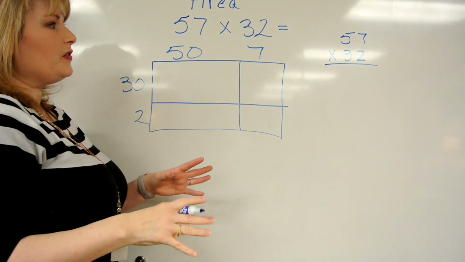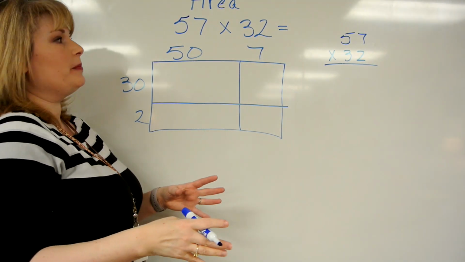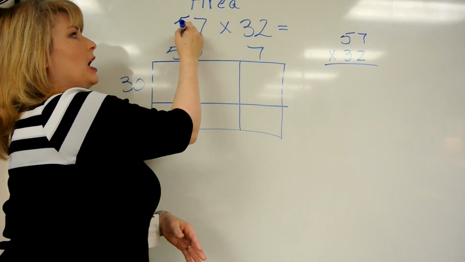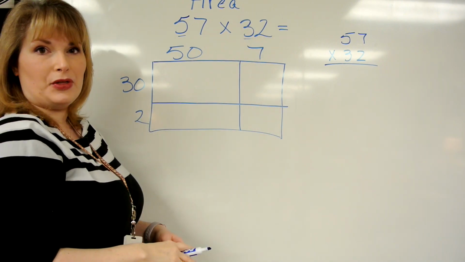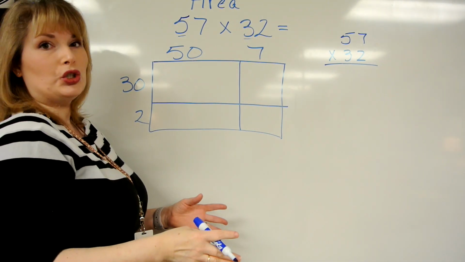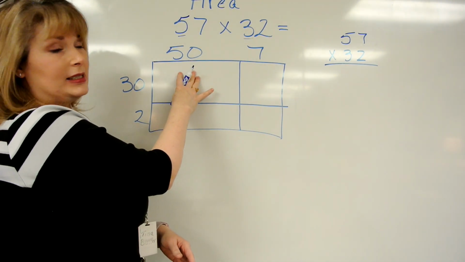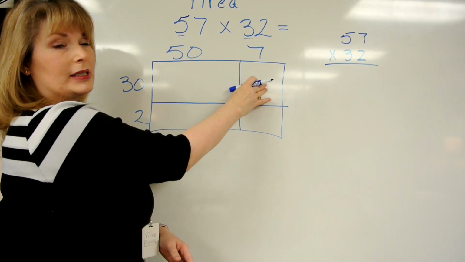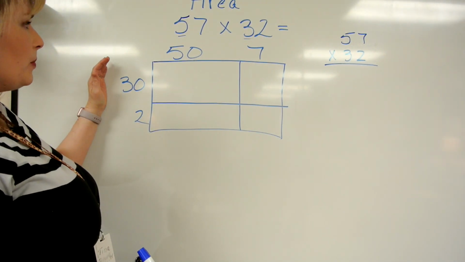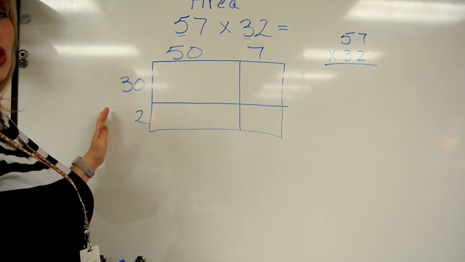All right, and right off the bat, what I've done with area method is I've busted up my 57 and my 32. We teach the children that the number 57 is made of 5 tens and 7 ones. 32 is made from 3 tens and 2 ones.